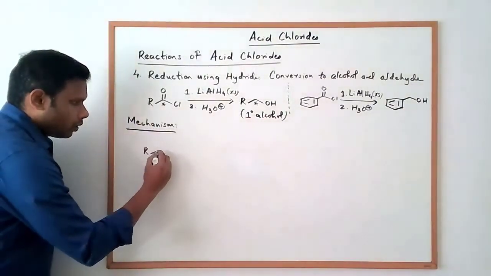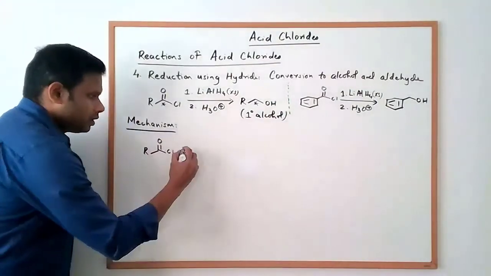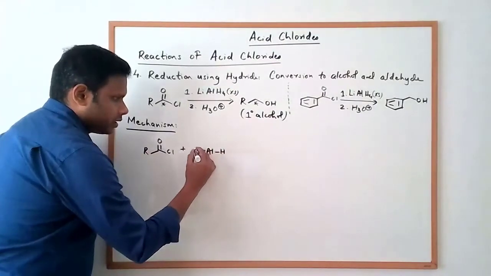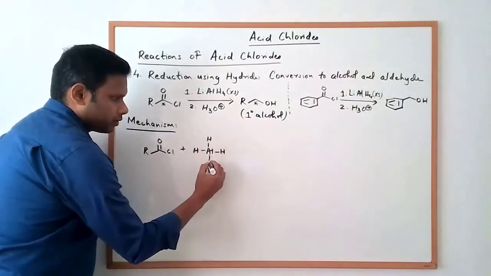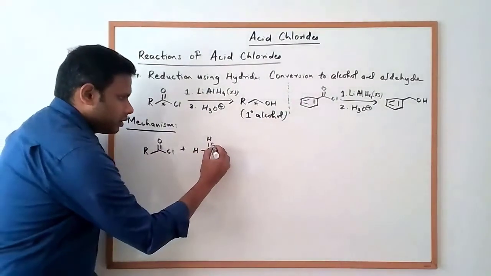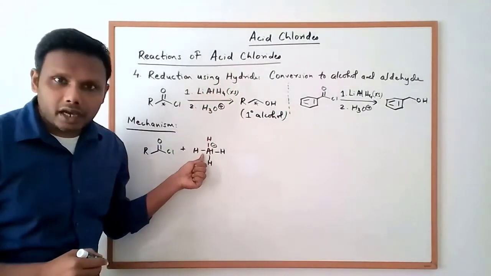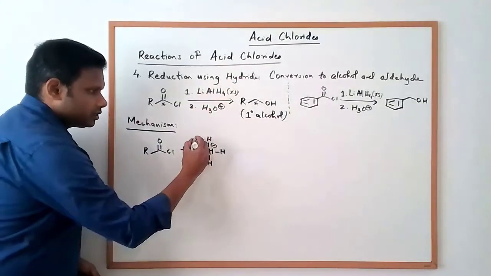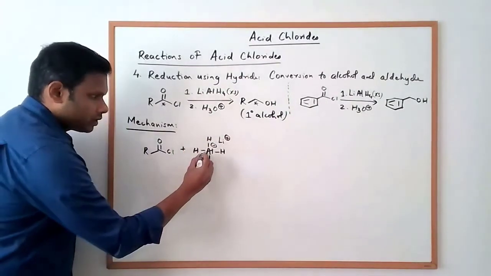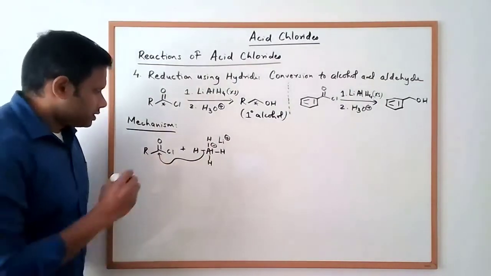So like all other nucleophilic acyl substitution reactions, the mechanism starts with an initial attack by the nucleophile on the acyl carbon. And the nucleophile, in the case of hydride reagents, is the hydride. So from a reagent like lithium aluminum hydride, one of the hydrides can come and attack the acyl carbon.